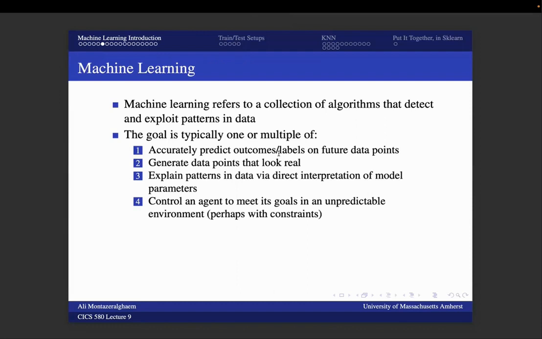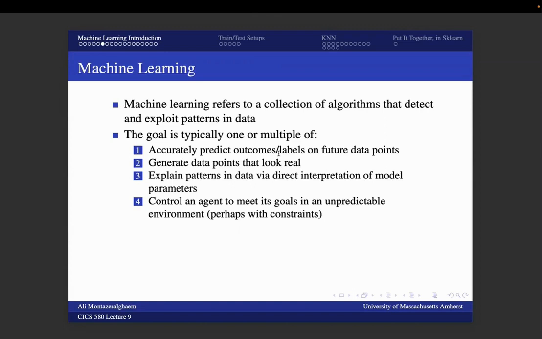And as a last goal, we consider that we have an agent, and the agent can act in an environment. The agent needs to achieve a goal in the environment. So if we want to control the agent, we need to train the agent based on some machine learning algorithm. This can be a good example of reinforcement learning.